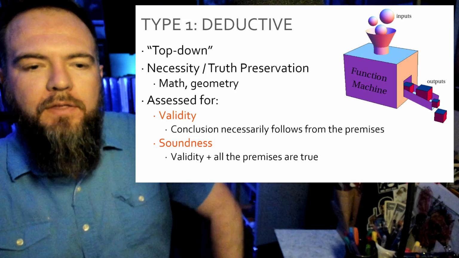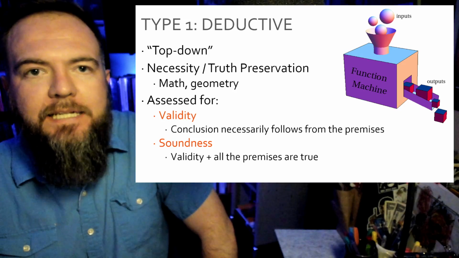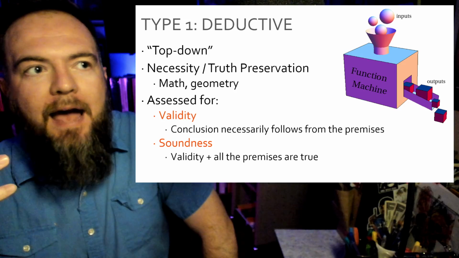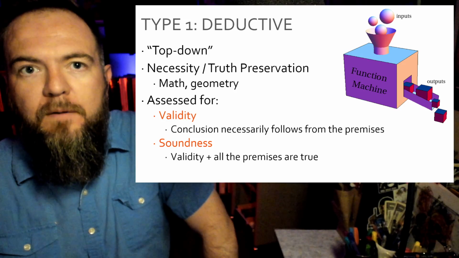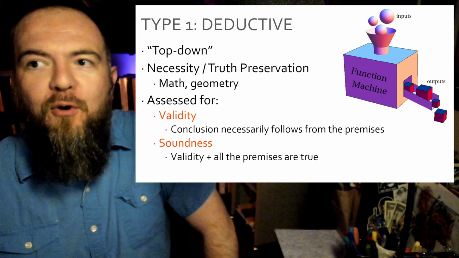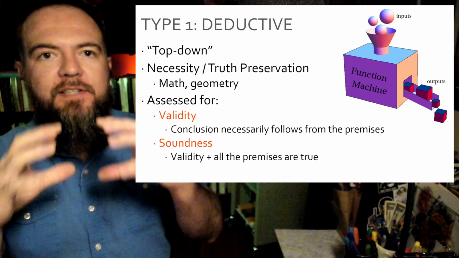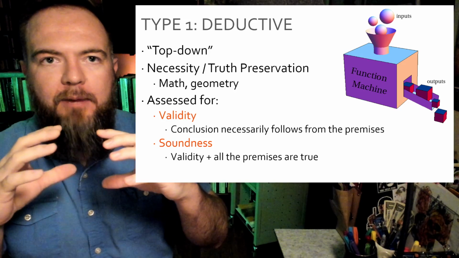What I have here on the slide is a picture of what's called the function machine, and that's because deductive logic is very mathematical. The idea is that we have a machine that preserves truth. That's the whole hope of logic. If you think of the function machine as the system of logic, we know how to use the rules, and we're not going to get into the rules here, we're just talking about logic.